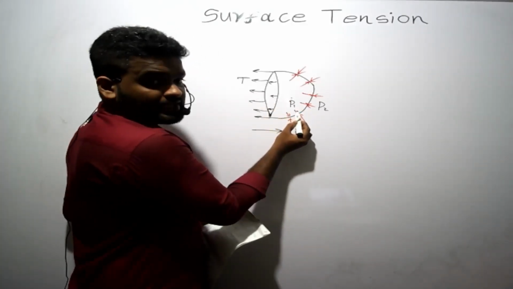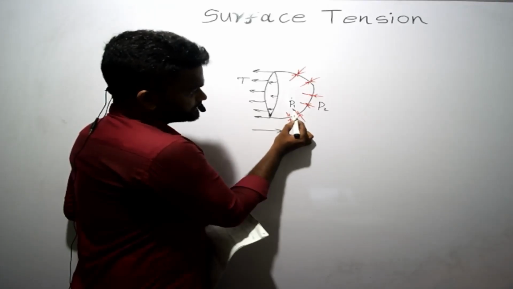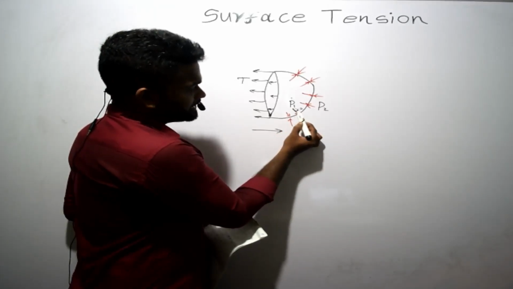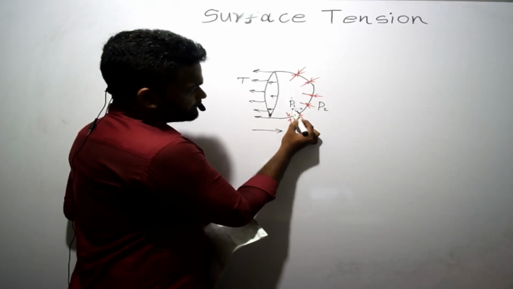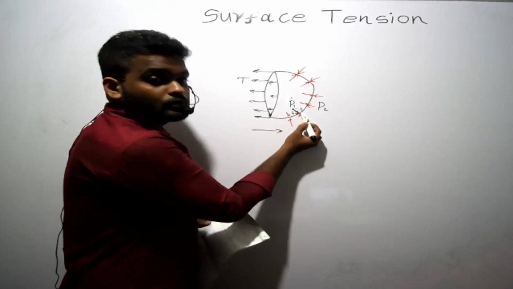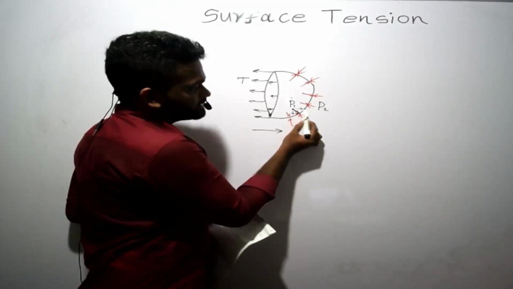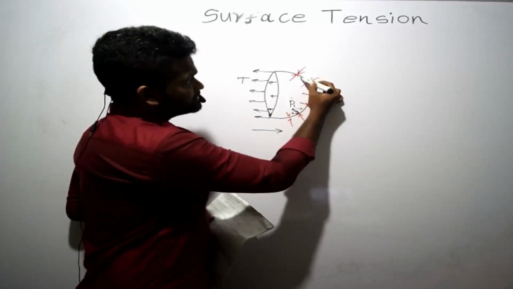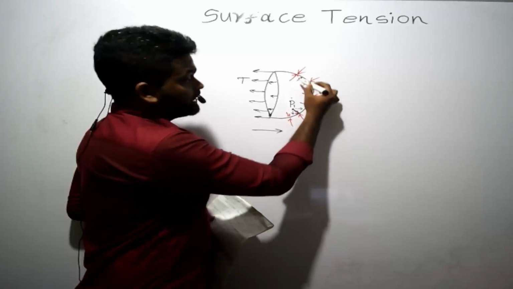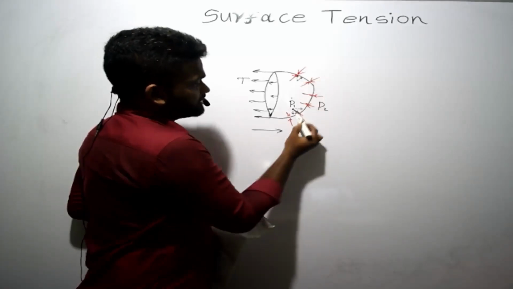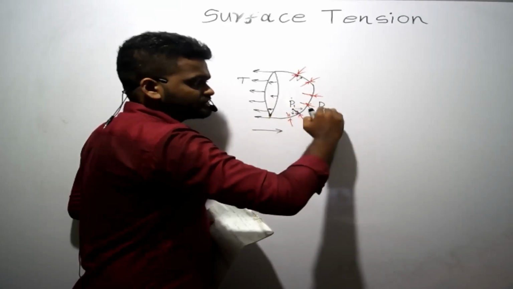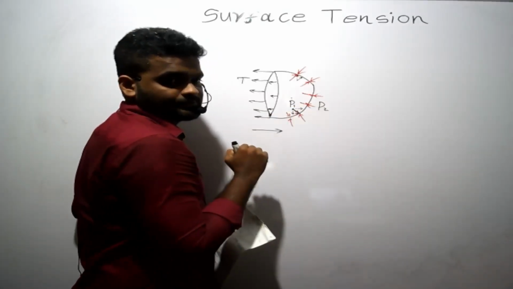This pressure force can be resolved into horizontal and vertical components. There's a similar force at the top as well, so the vertical components cancel off. Only the horizontal forces remain.